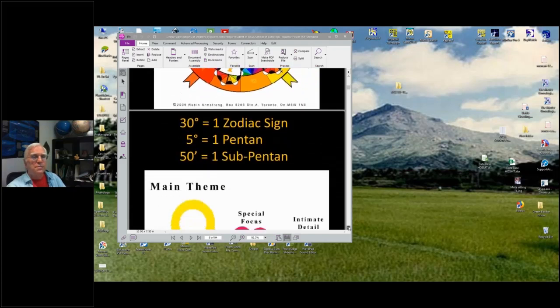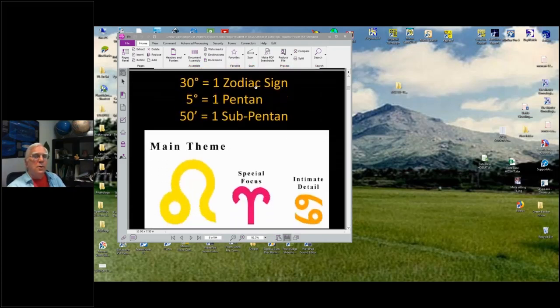We have one zodiacal sign, 30 degrees; one Pentan, 5 degrees; one sub-Pentan, 50 minutes of a degree. I call it the main theme, the zodiac sign; the special focus, the Pentan; and the intimate detail, the sub-Pentan. So when you get down to the intimate detail, you're dealing with 50 minutes of 1 degree, a little bit less than a degree.